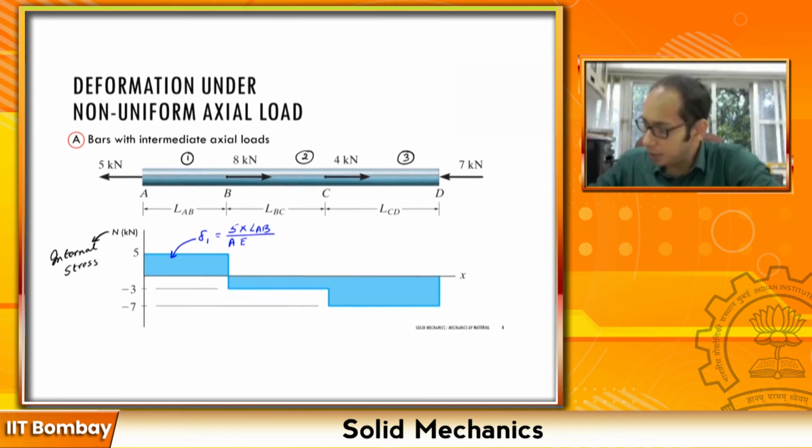For the second one, your delta 2 is going to be minus 3 times L of BC divided by AE, right?